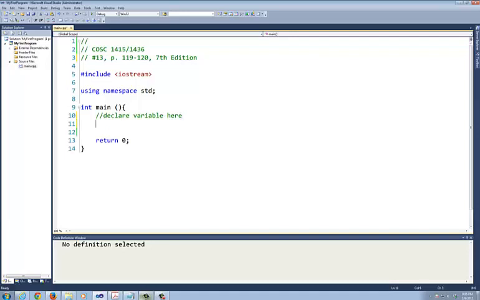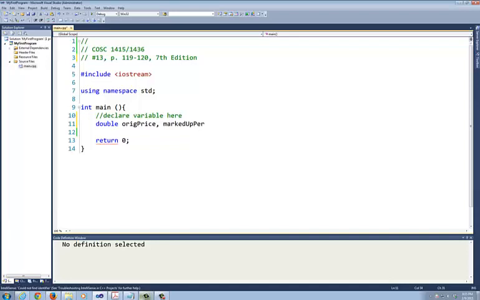Of course we're dealing with money. One thing I would recommend is the data type double. I'm going to call the first variable original price. You notice how I named it original price. I didn't call it X, Y, or Z. The second variable is the markup percentage.